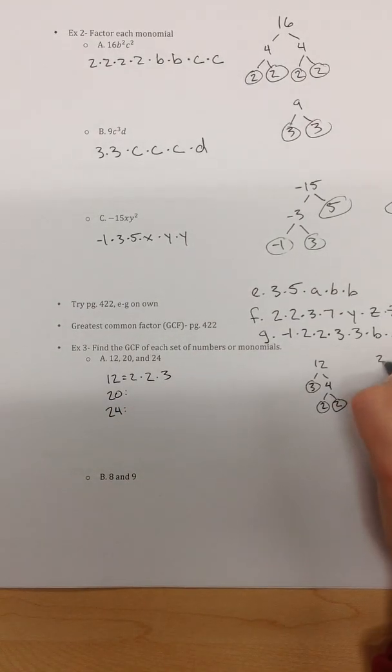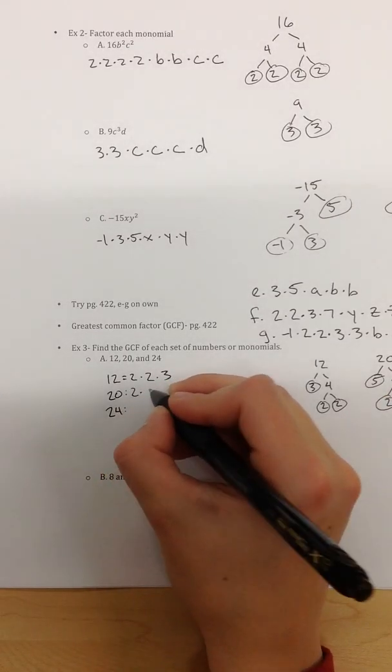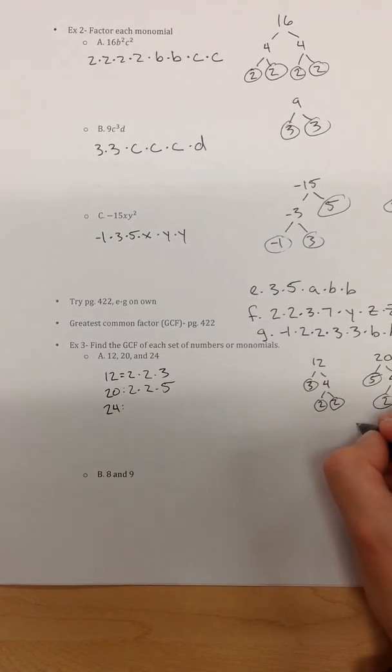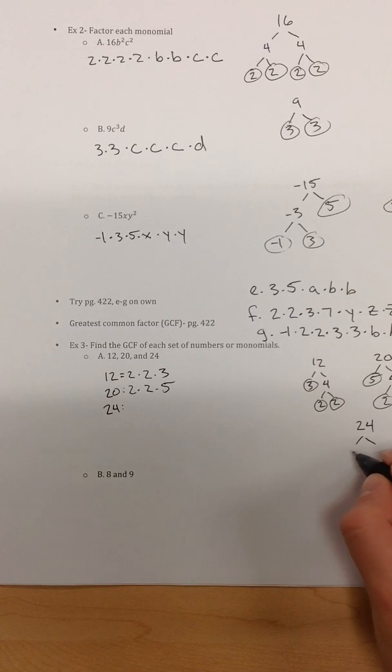Then I could take 20 and break it down, so 20 I could go into 5 and 4, 5 is prime, 4 can go into 2 and 2, both of those are prime, so it would be 2 times 2 times 5. And then 24, I could break that into, let's go 4 and 6.